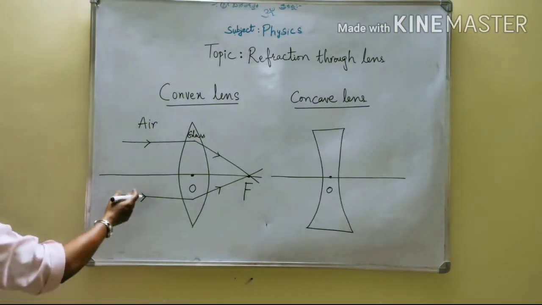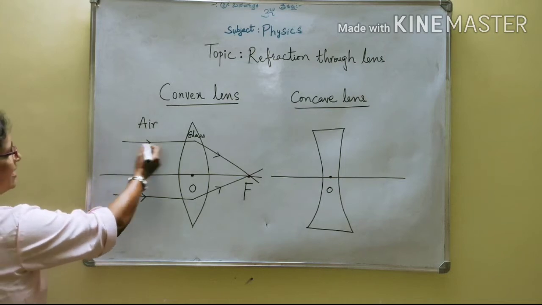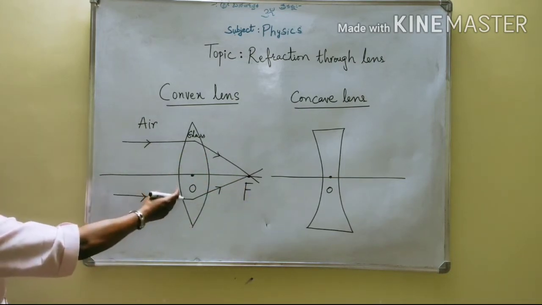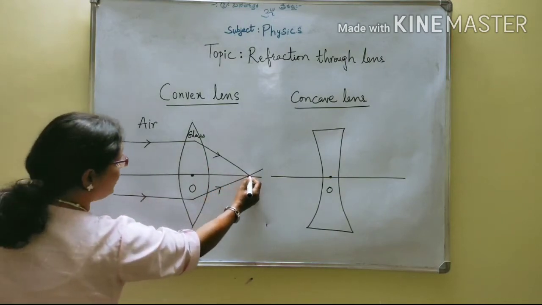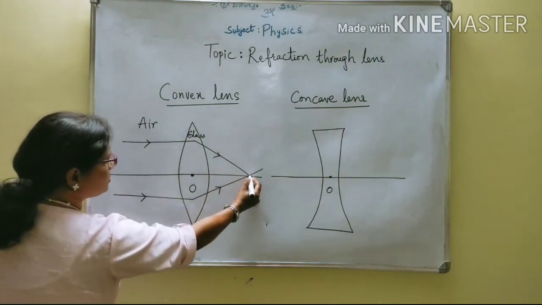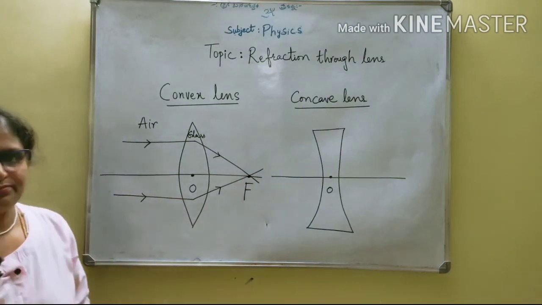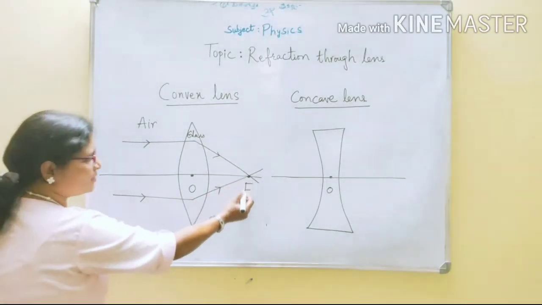So here also when the incident ray passes from air to glass, it gets refracted. Now when these refracted rays meet at a point on the principal axis, this particular point is called the principal focus and it is represented by the letter F.